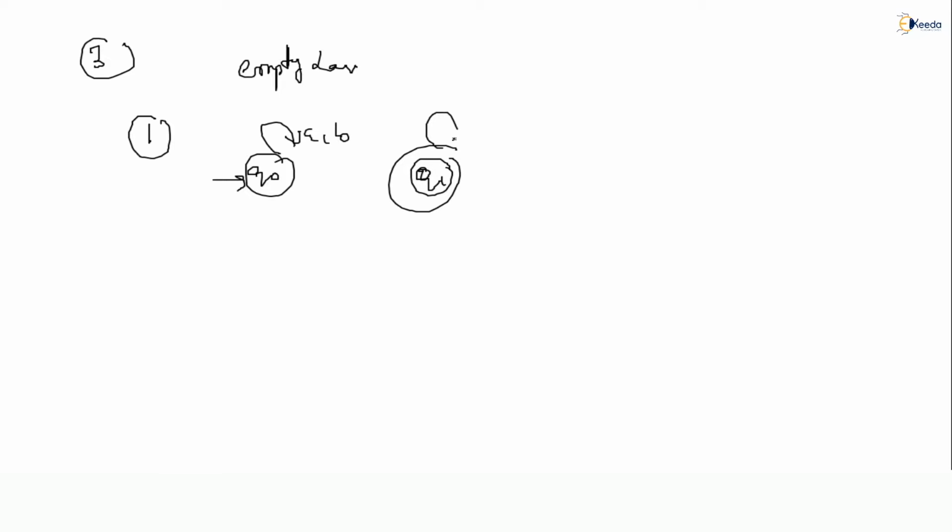Suppose Q0 has a self loop on A, B, and another state Q1, a final state, also has a self loop on A, B. This is one FA, and it will accept the empty language.